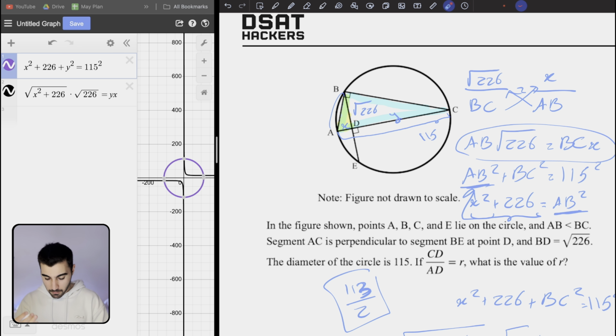If you've done it, you're going to have the proportion like this. You will have this triangle and this triangle.